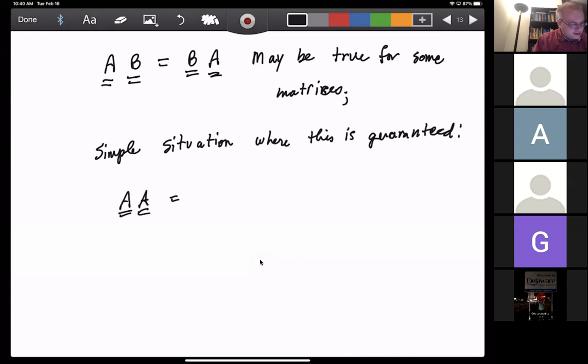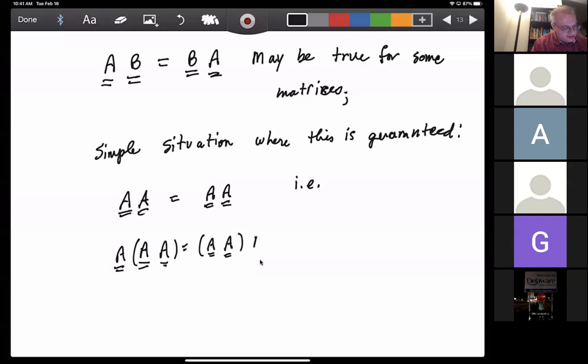If I have A times A and I switch the order, I still have A times A. More generally, if I have powers of matrices, those are well defined.